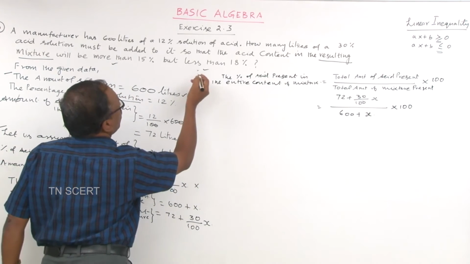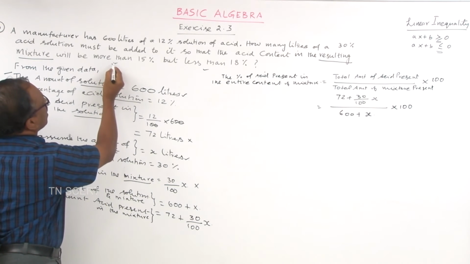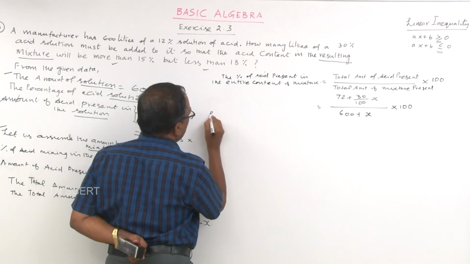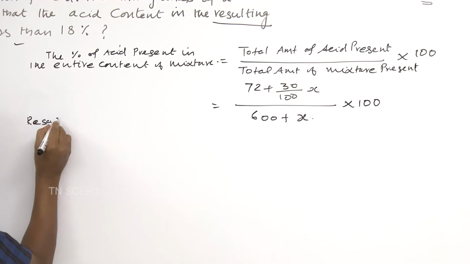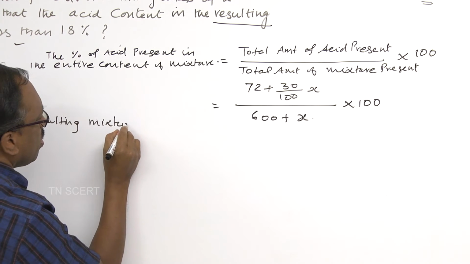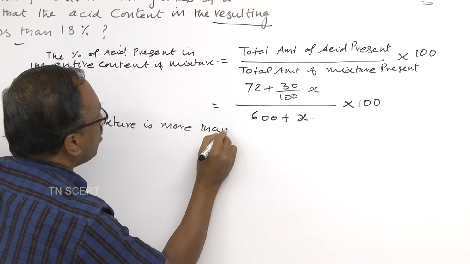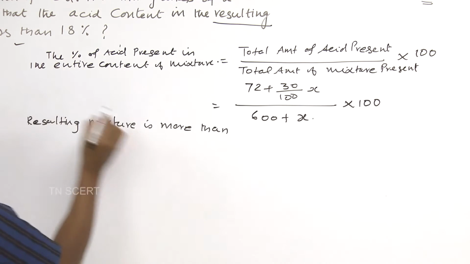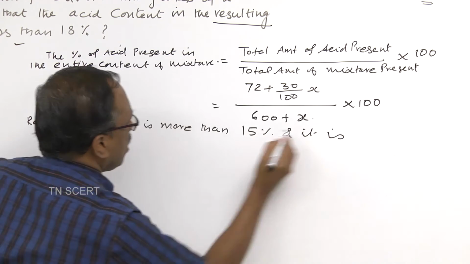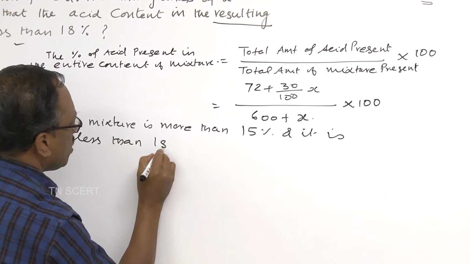Now we are going to take into account the inequalities. The resulting mixture is more than 15% and it is less than 18%.